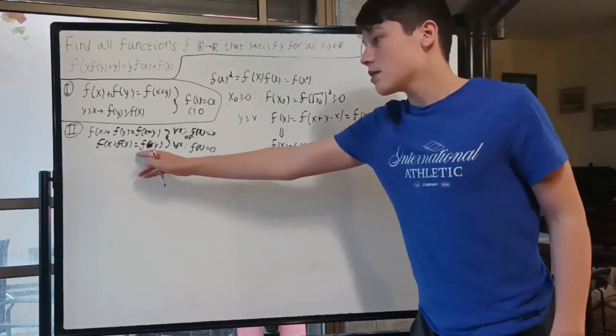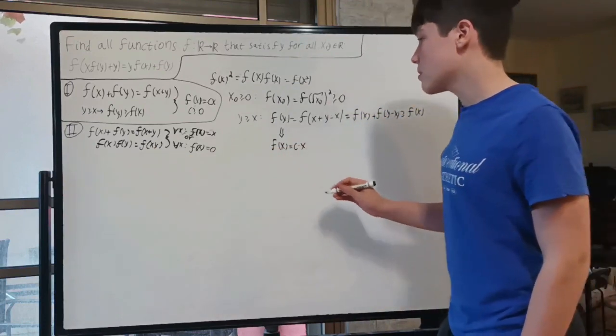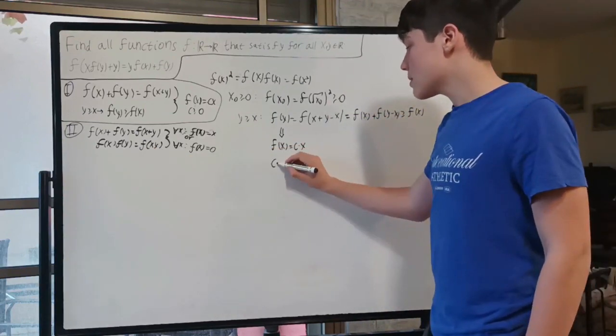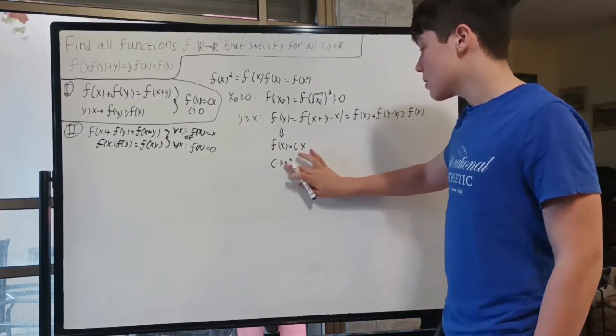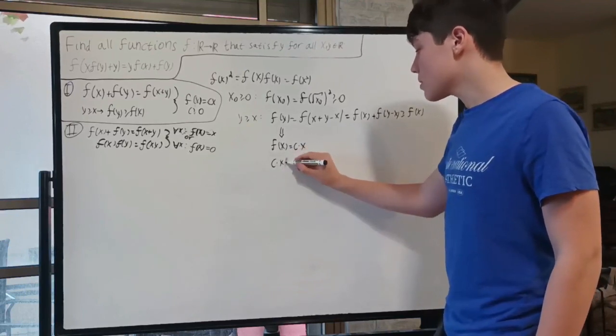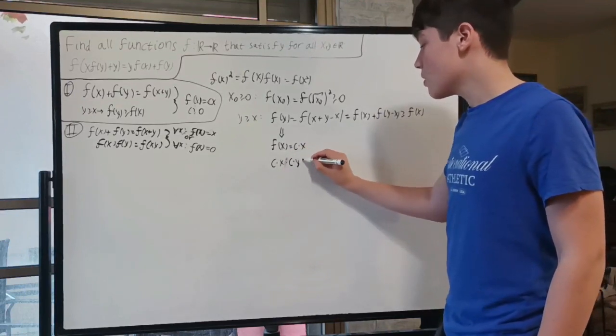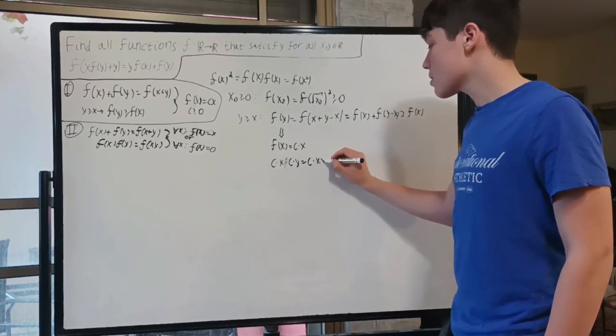Now let's plug it into this equation to find this constant. So we get c times x times c times y is equal to c times xy.